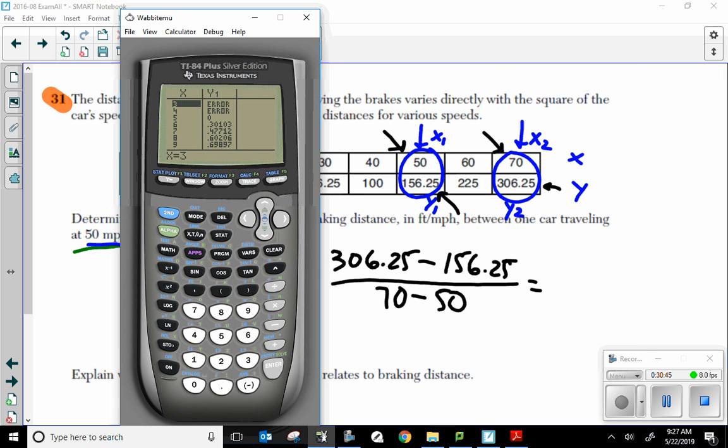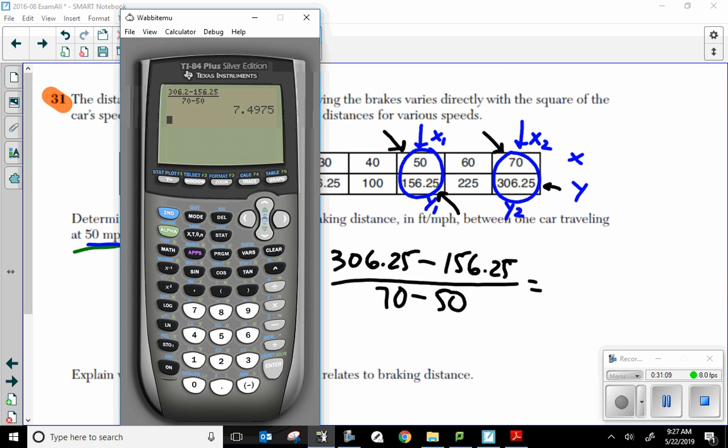And you guys know I love me some alpha y equals enter, because that puts a fraction in there for me. I'm literally going to type what I have, 306.25 minus 156.25. Put that all over 70 minus 50. Hit enter, and it's 7.4975.